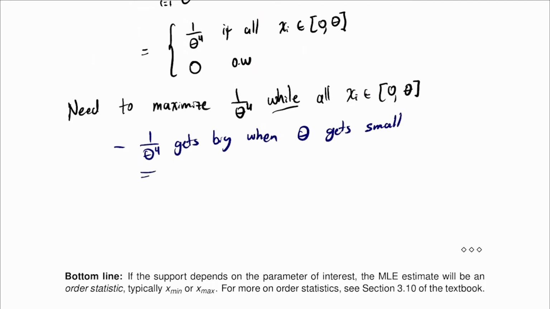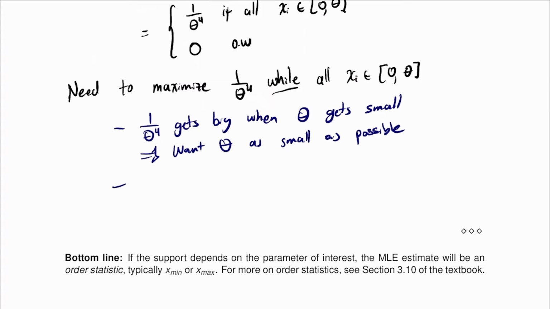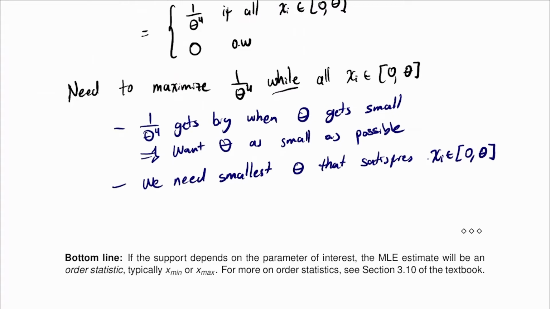And so that means we want theta as small as possible. But the other condition that we have is that we need the smallest theta that satisfies that our random samples are between 0 and theta, right?